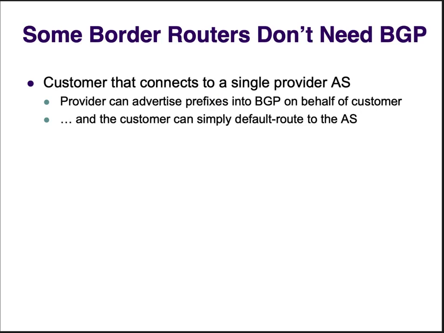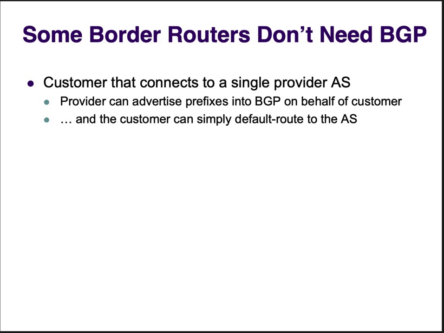One point to highlight before going forward, I think somebody actually raised this last time. Not all border routers in an autonomous system have to speak BGP or have to actually run BGP. The canonical example, and this is again what helps scaling on the internet, is a customer that only has one provider. So the entire autonomous system connects to the internet through one provider.